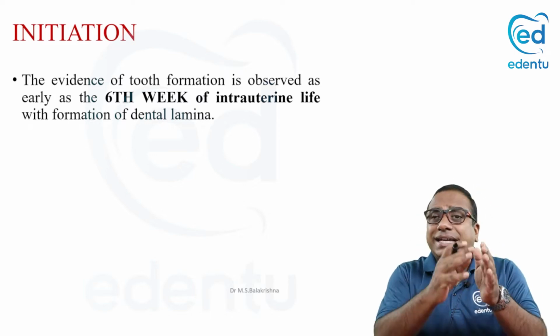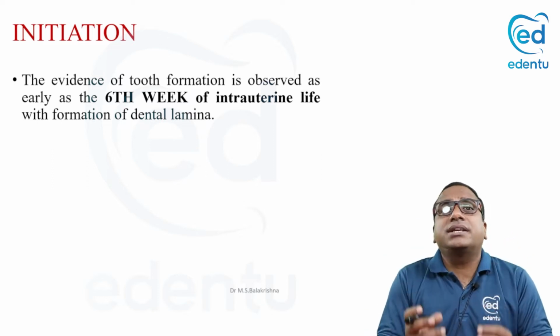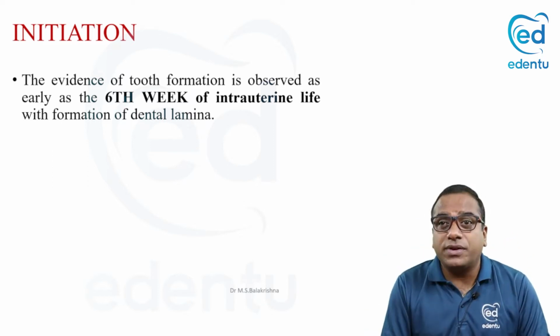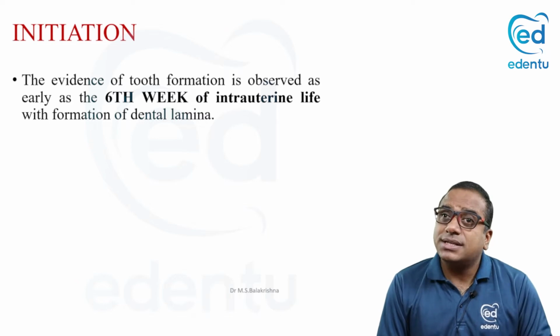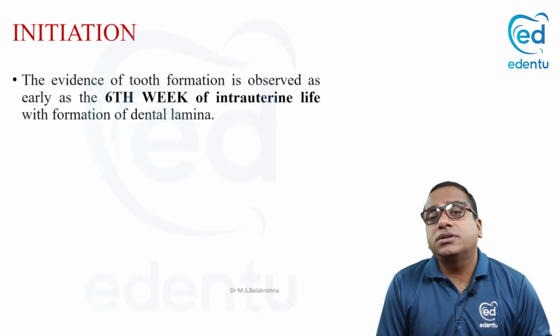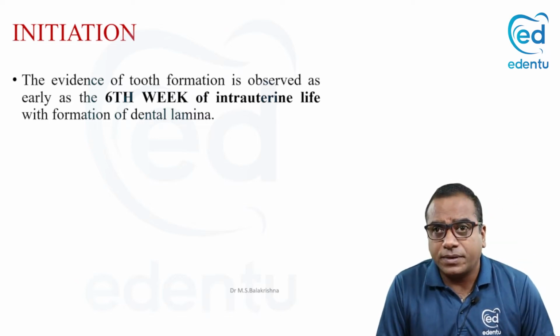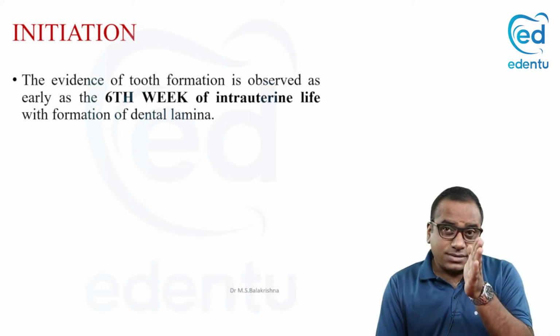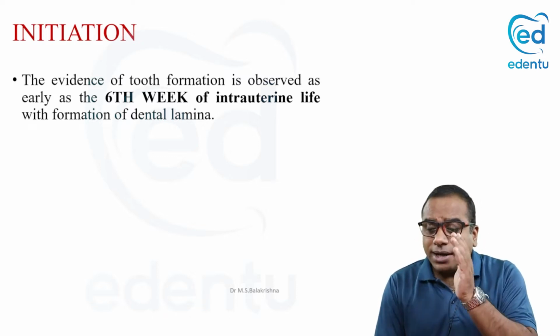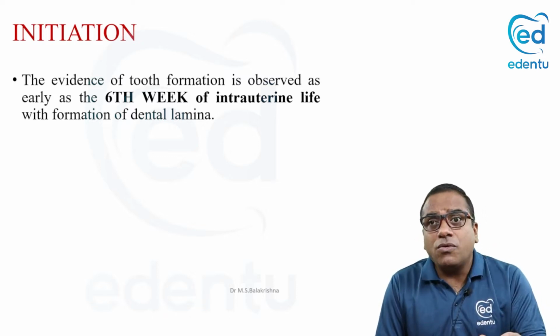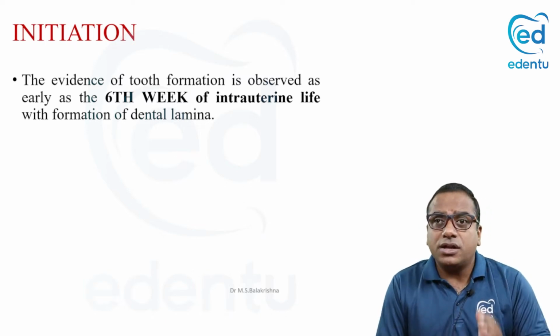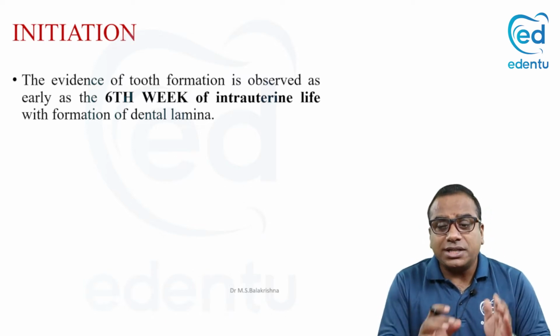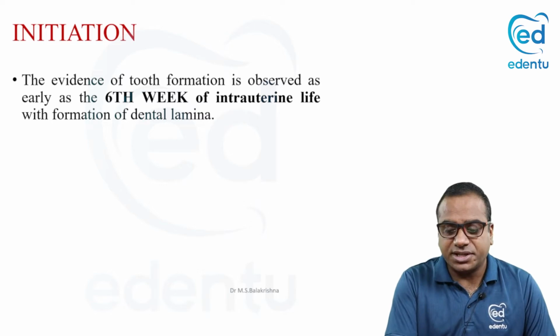At that time, at 10 different locations, bud-like structures, the dental placodes, will come, as we have all discussed, and the deciduous tooth will be formed over there. And then simultaneously, permanent teeth also develop from the lingual and distal extension of the tooth bud. So that is all about our initiation.